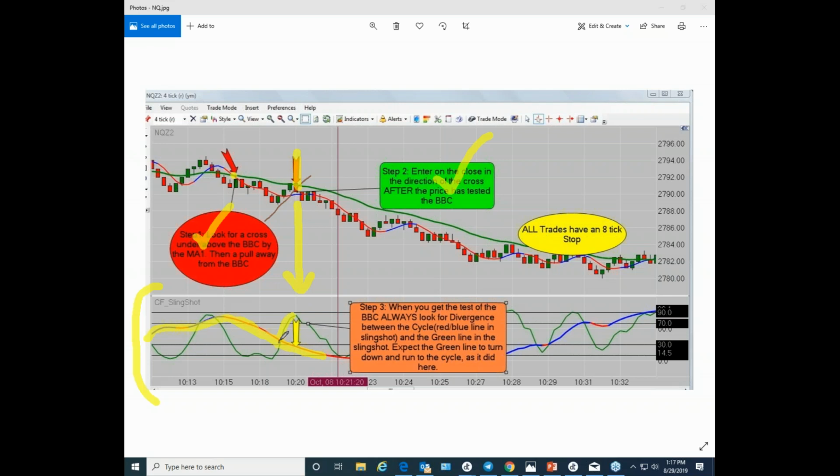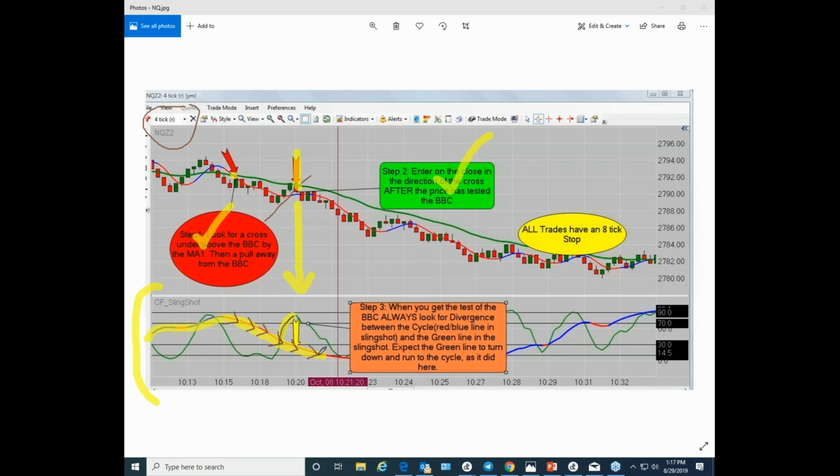The fact that this green line is pulling away, what this is saying is this: the momentum in this market, the NASDAQ, is bearish. It's red, so we're thinking bearish. It's got a nice slope to it to the downside.